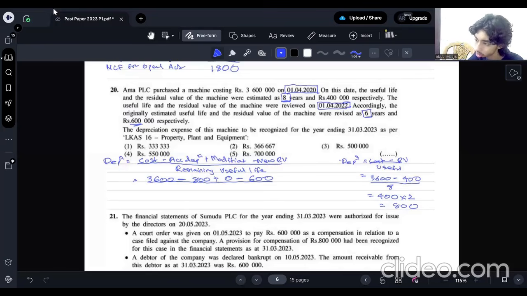Already 2 years is gone. We depreciated for 2 years. Then what will be the new remaining useful life? That is 6 minus 2 years. 4 years is your remaining useful life. And how much will be the new depreciation? 3,600 minus 800 minus 600 divided by 4. That is 550,000. Answer number 4.